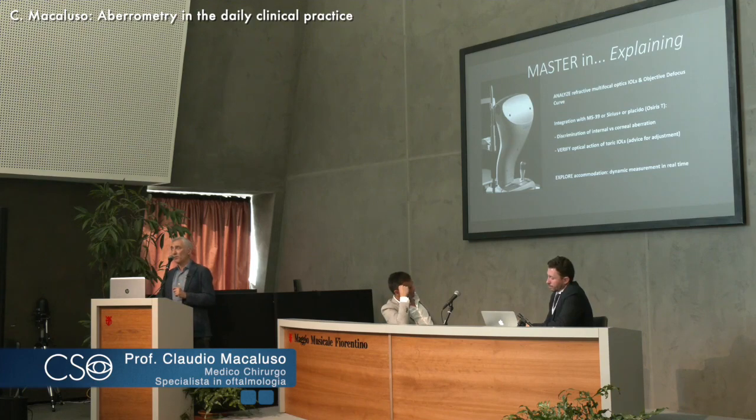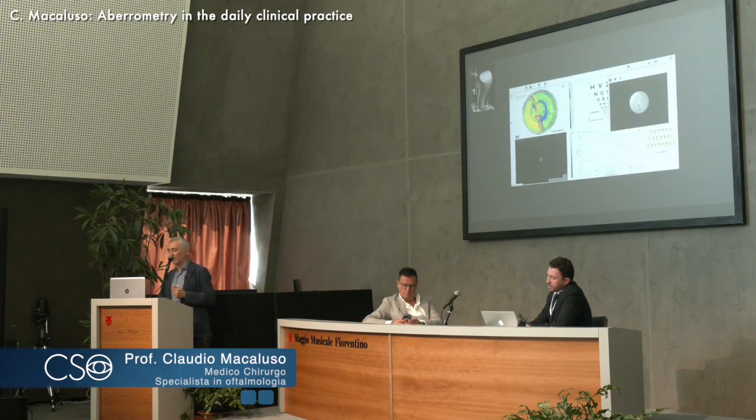This is extremely useful when we are dealing with toric IOLs, and especially when we are not satisfied with the results, to check and adjust them. And then with the dynamic measurement we've just seen in one of the last slides by Francesco, we can explore even accommodation, which is a pretty fast phenomenon.